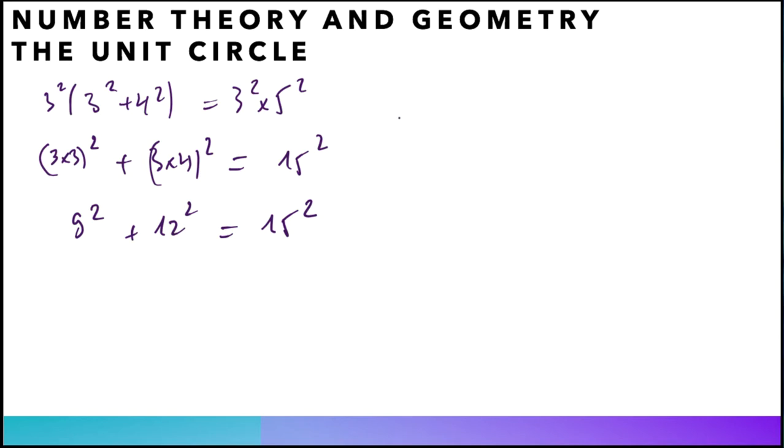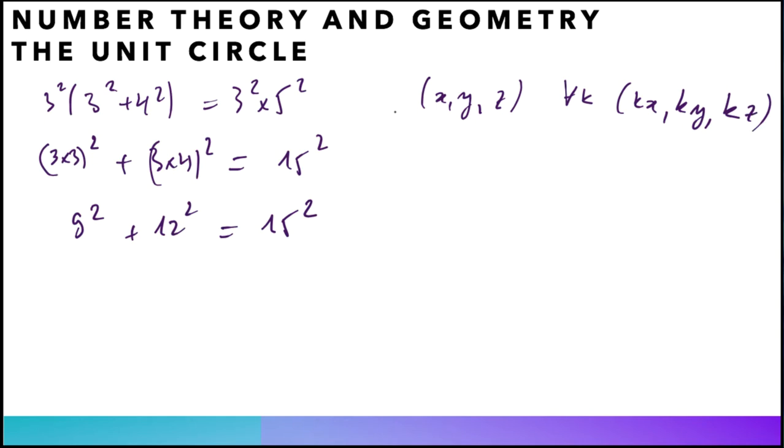So in this fashion, we can get infinitely many Pythagorean triples, and actually if x, y, and z is a Pythagorean triple, then for every integer k, kx, ky, and kz is a Pythagorean triple.